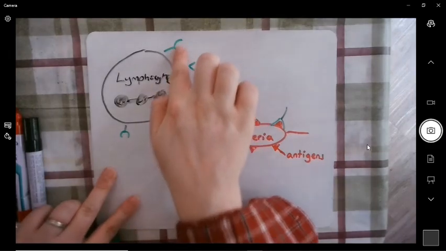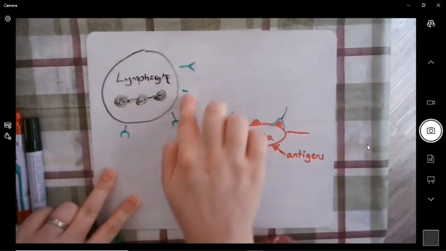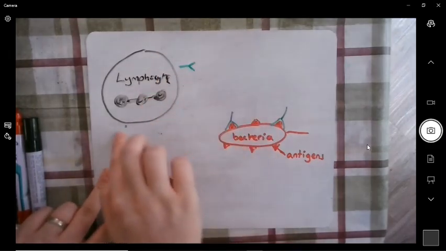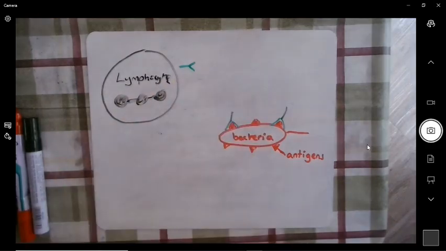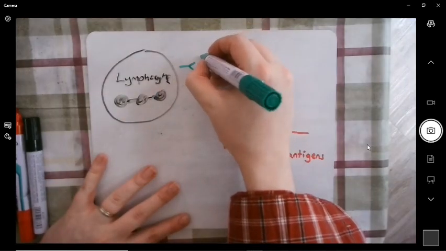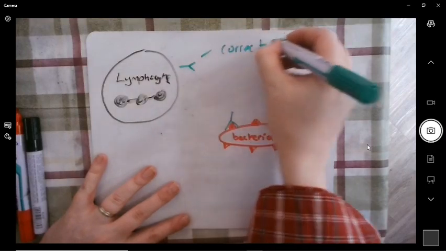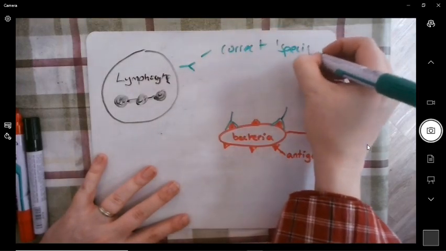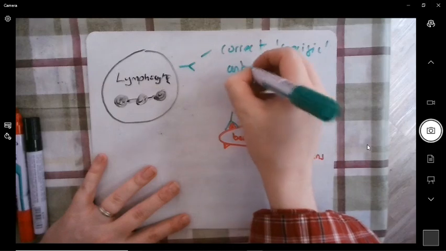So the lymphocyte, though, isn't finished. It will remember the correct specific antibody.